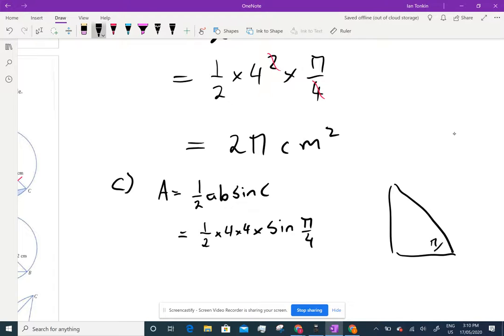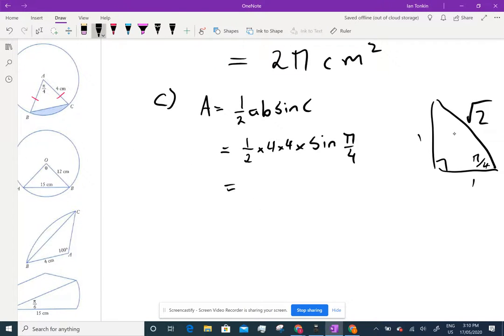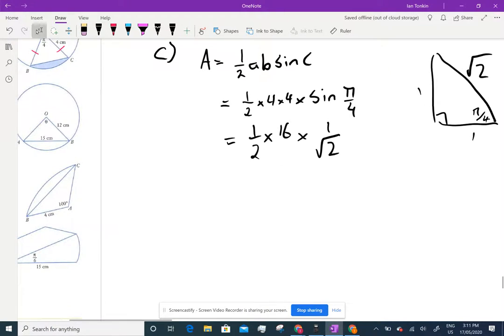So if that's pi on 4, that's 1, there's a root 2, that's 1 on root 2. So it's going to be half times 16 times 1 on root 2, which gives me 8 on root 2. I possibly should rationalise that.